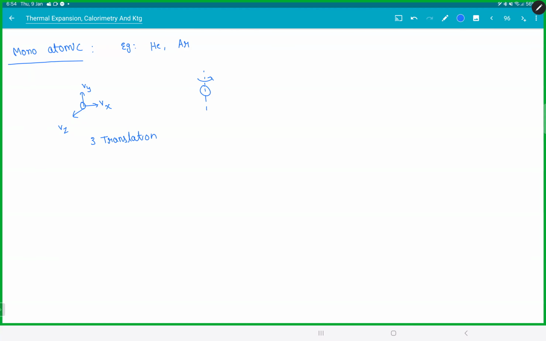There should be one rotation also, but we said in an ideal gas, the size of the molecules is negligible. If the size of the molecules tends to 0, the moment of inertia, 2 by 5 mr square, will also tend to 0. Therefore, the rotational kinetic energy, half I omega square, will also tend to 0. Make sense? So technically for a monatomic there is also one rotation, but we ignore that because the size of the molecules is 0. So for monatomic gases, the degrees of freedom F is 3. It has only 3 translations and no rotation.